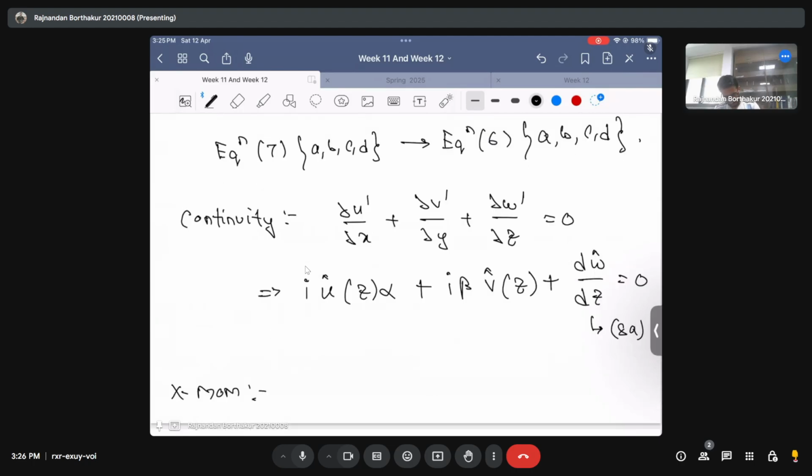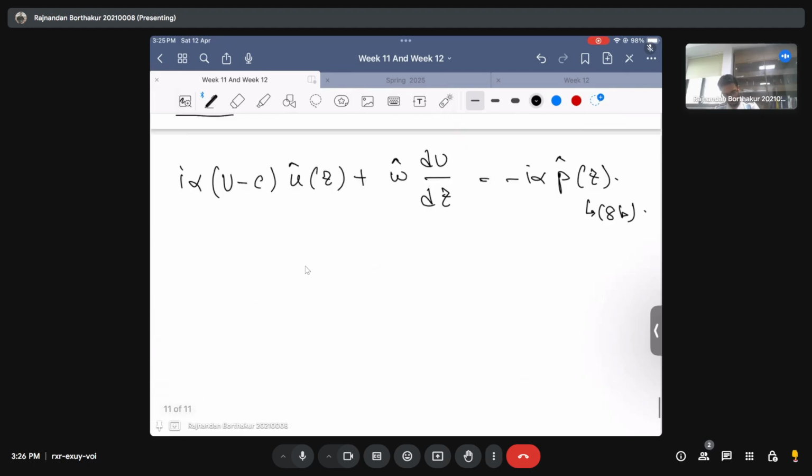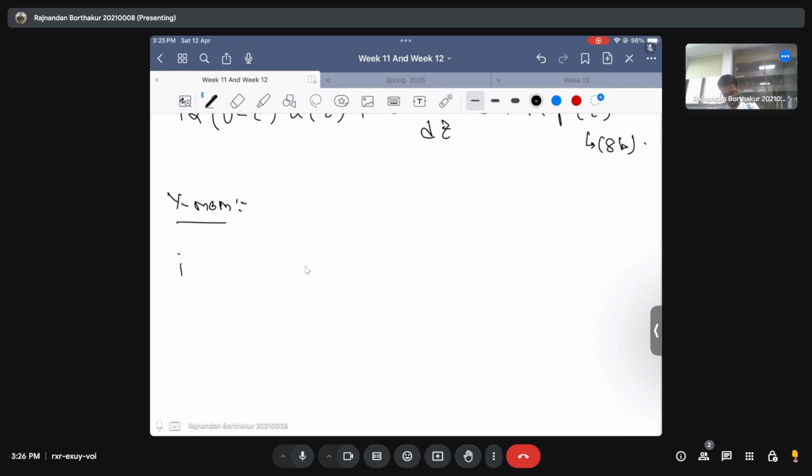and so this is the x momentum equation. So this happens to be the continuity equation. This is the x momentum equation. So the y momentum equation turns out to be i alpha (u minus c) v hat of z, and this is i times beta v hat of z.